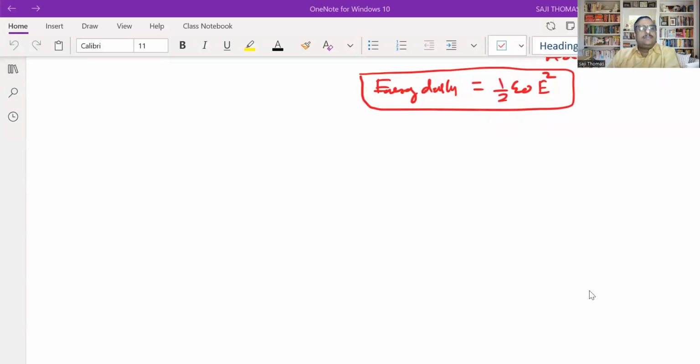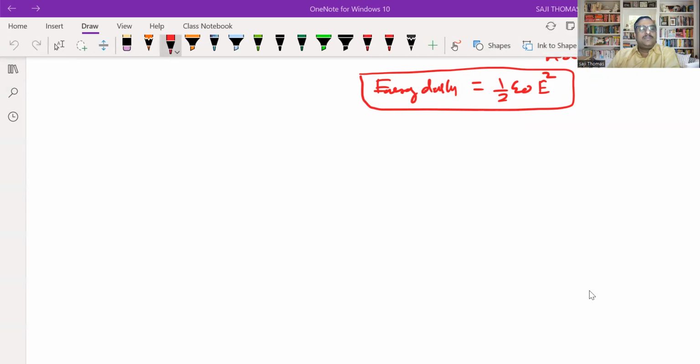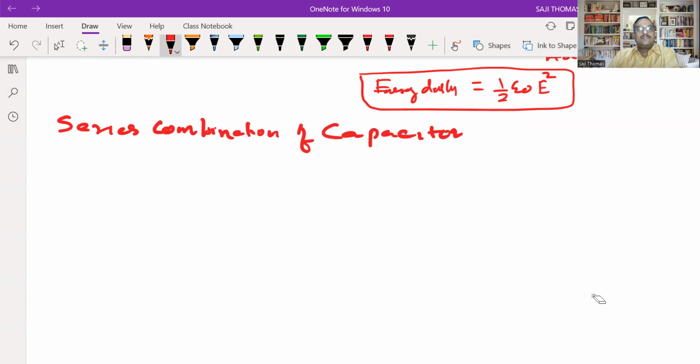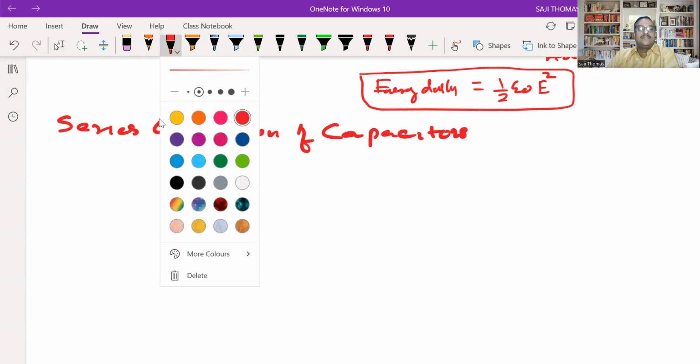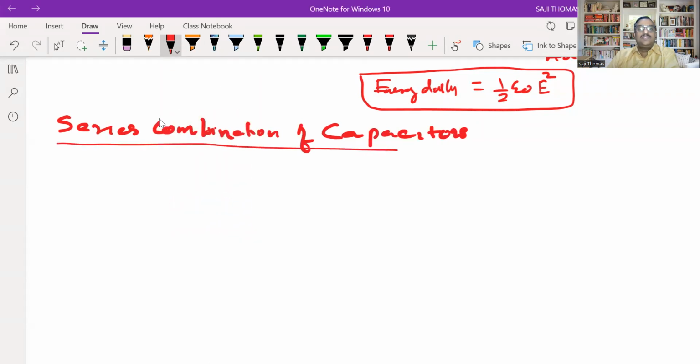Series combination of capacitors. See, I am taking 3 capacitors.